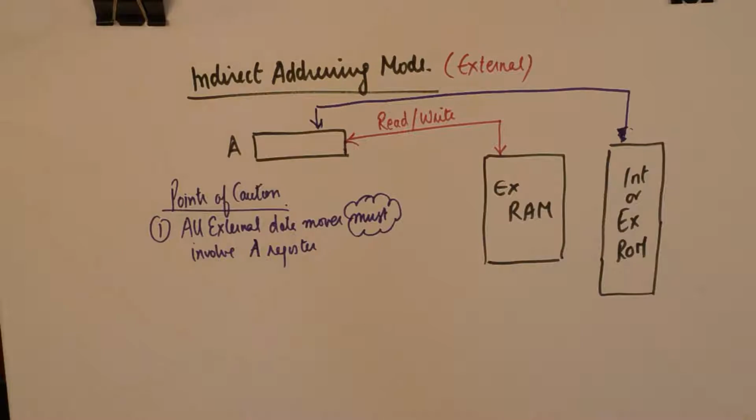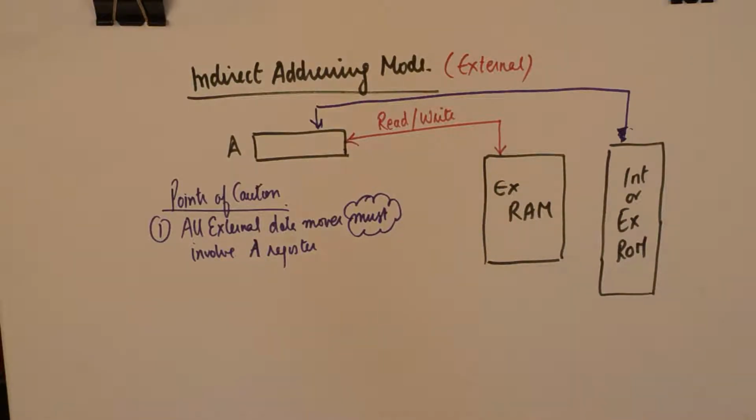If we want to receive something, we must receive the data into A and then we could transfer it to some other place, for example port or SFR or B register or any other register in the RAM.